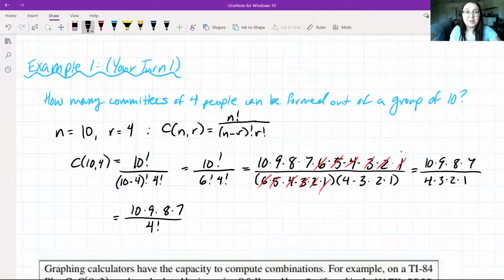By the way, when we go to calculate this value, we're going to end up getting 210 ways, or 210 committees of 4 people formed out of a group of 10. So 210 combinations.